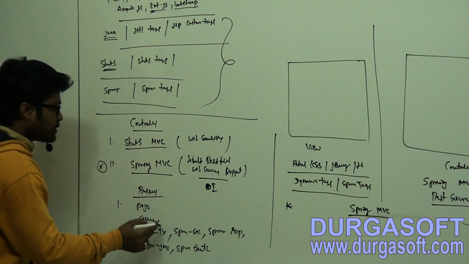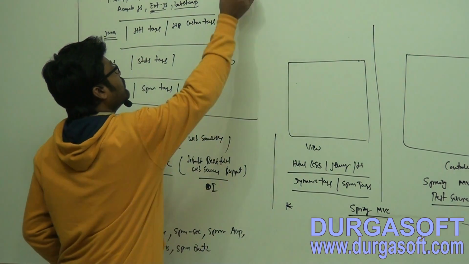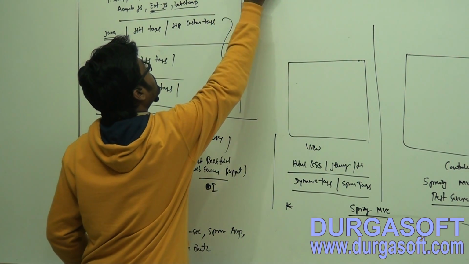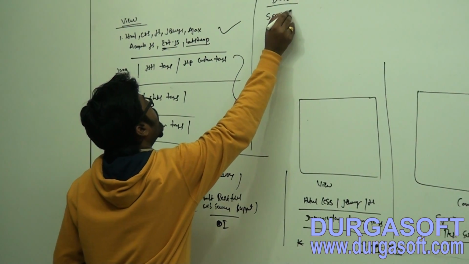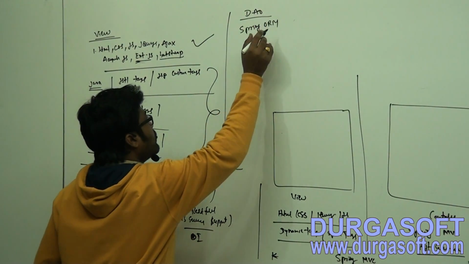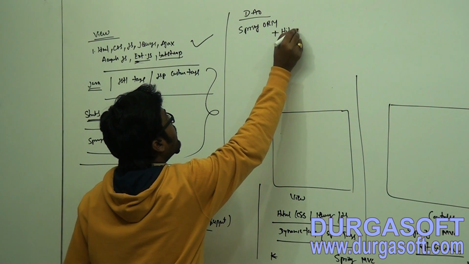These are for services. And finally the DAO part. For building DAO, I want to use Spring ORM. Which ORM support do I require here? I want to use Hibernate here.